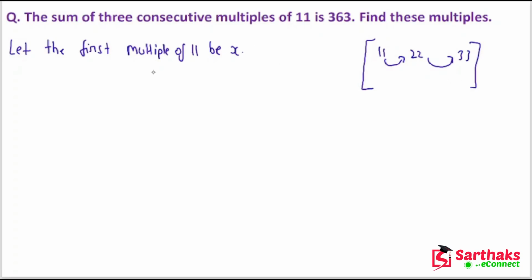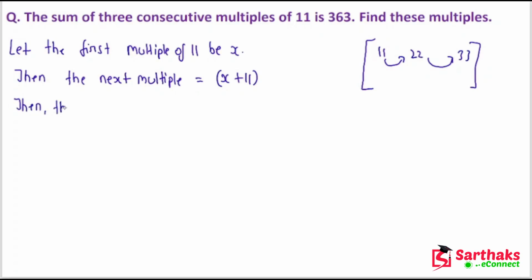So let the first multiple of 11 be x. Then the next multiple of 11 is x plus 11. Simple, right? If the first multiple is x, you just have to add 11 to it and you get the next multiple. And what is the next multiple?